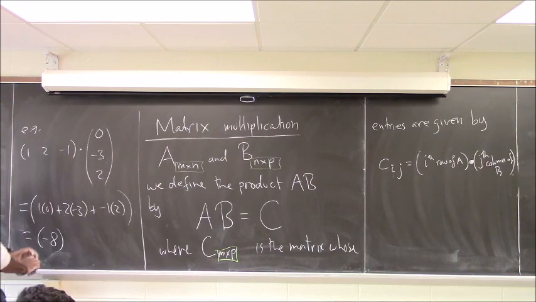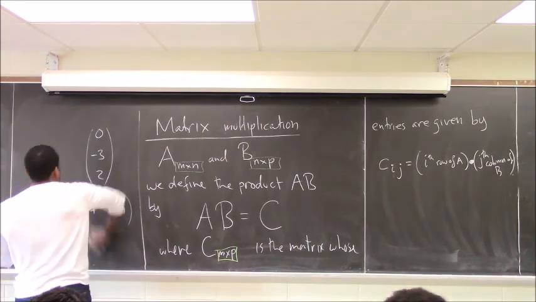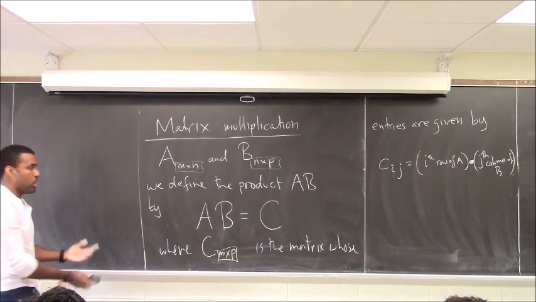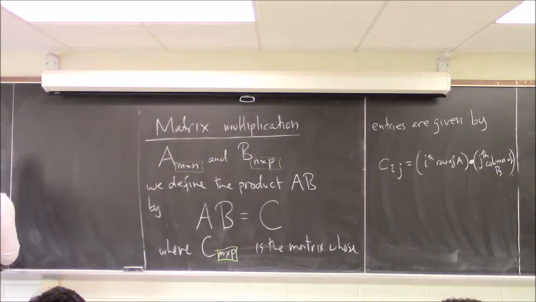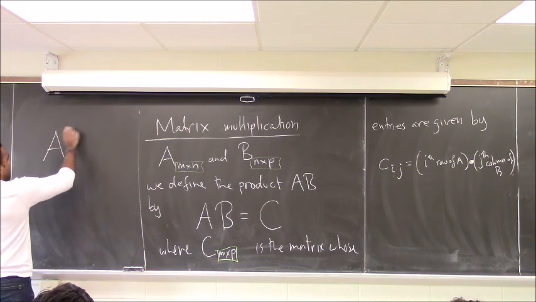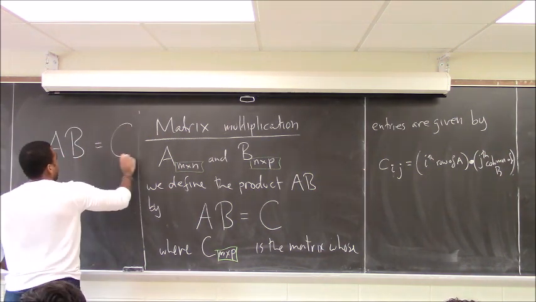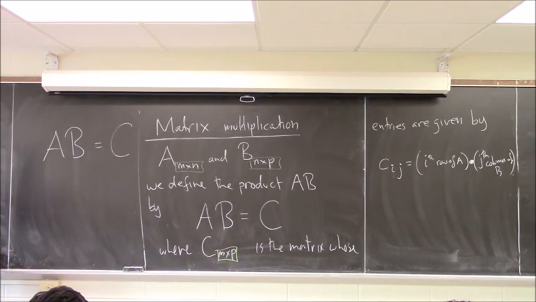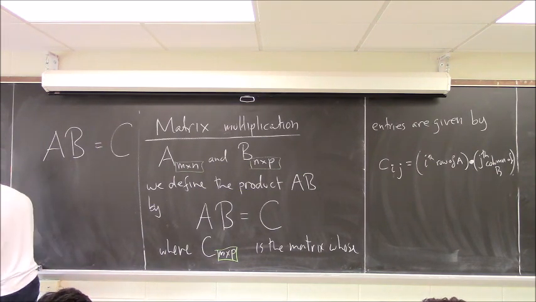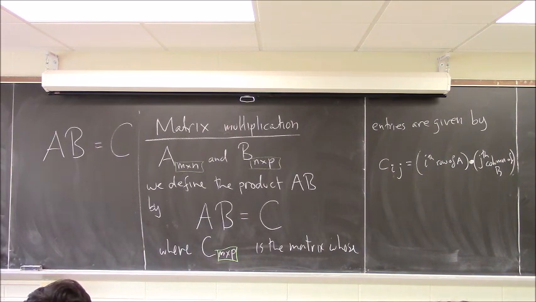So there is a check. Now when you want to add two matrices, the check is easy. They have to be the same size. When it comes to multiplication, the check is also easy, but it's a little bit more involved. If the size of A is m by n, I'll use the colors. Maybe a blue.